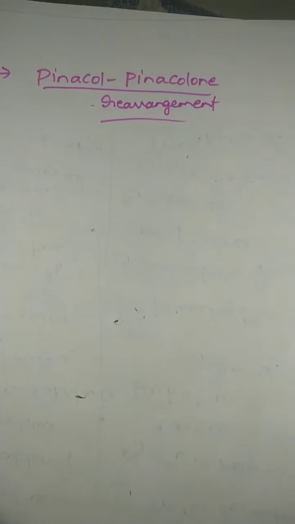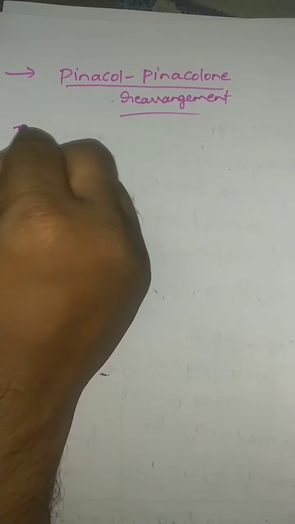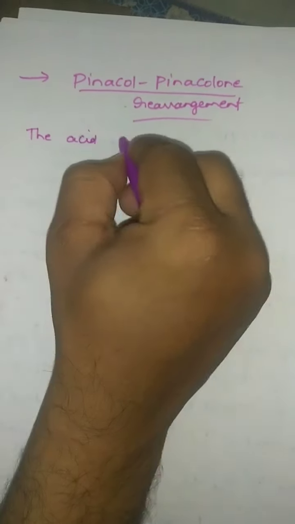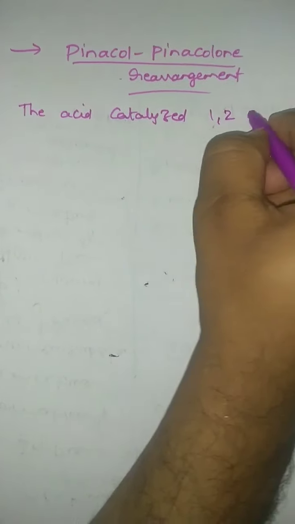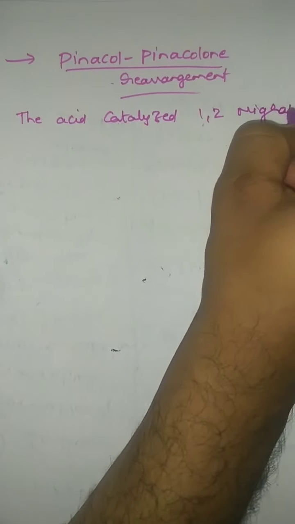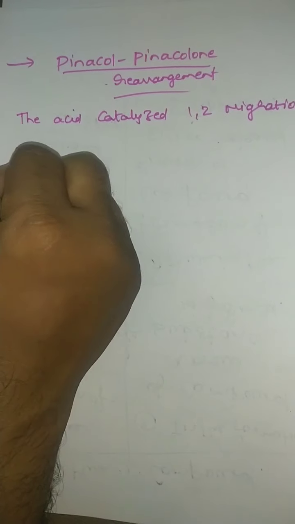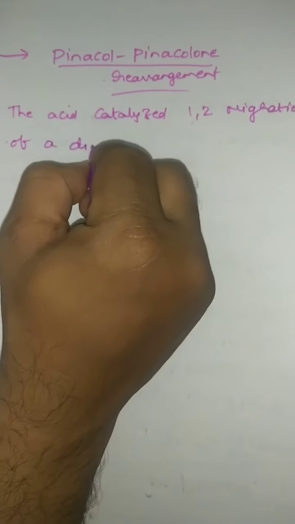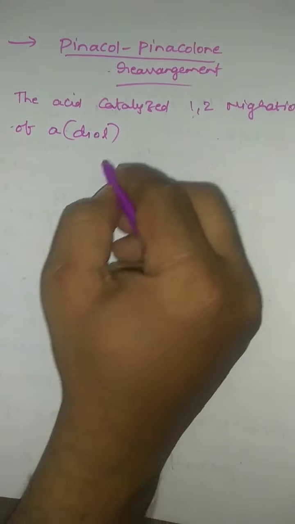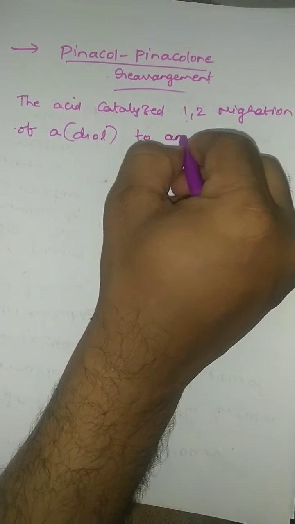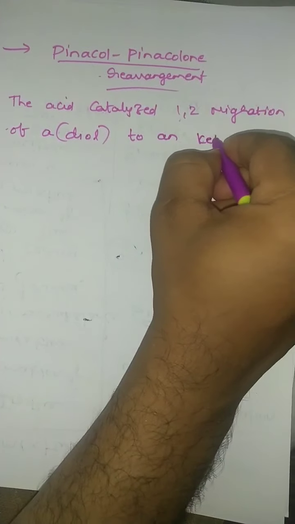Good morning students. Here is one more rearrangement, the pinacol-pinacolone rearrangement. Very easy rearrangement. So what is this pinacol-pinacolone rearrangement? It is the acid catalyzed 1,2 migration of a diol to a keto derivative.